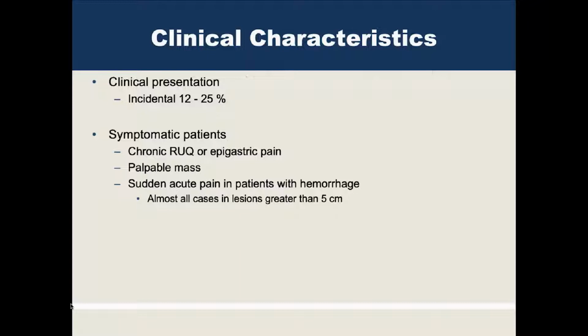If these tumors are large, one may be able to feel them as a palpable mass. If there is a sudden acute change in pain status in these patients, then one should suspect hemorrhage. And hemorrhage almost always happens in lesions which are over 5 centimeters in size. These patients may present acutely to the emergency room in severe abdominal pain.